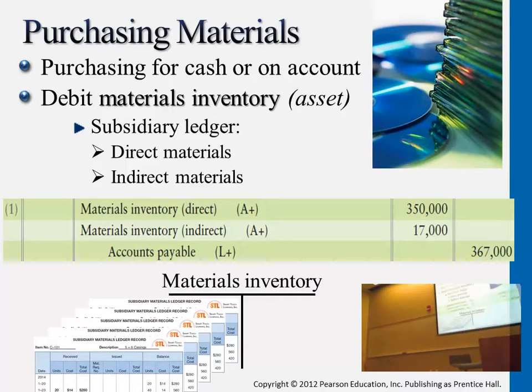Now, materials inventory is a general ledger account, and it can be broken down into two subsidiary ledger accounts. Remember, a subsidiary ledger account is just a component of the general ledger account. So you can break it down to direct materials, a portion that is part of materials inventory, and then indirect ledger. So this is the first step, purchasing materials.